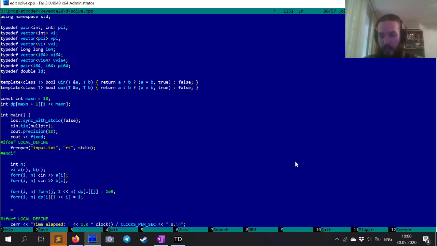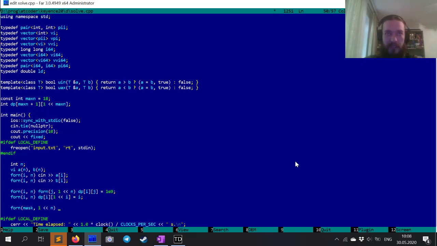Now what we do is we consider all cases by increasing of the mask, rather by increase of used numbers.